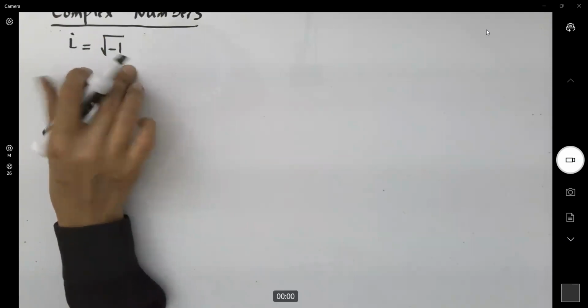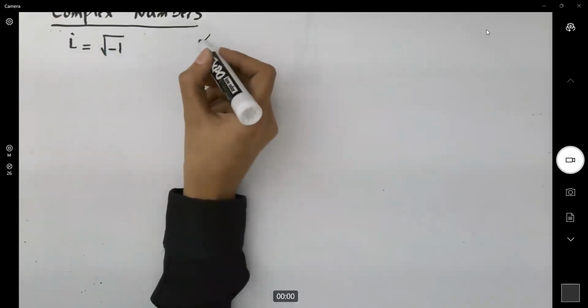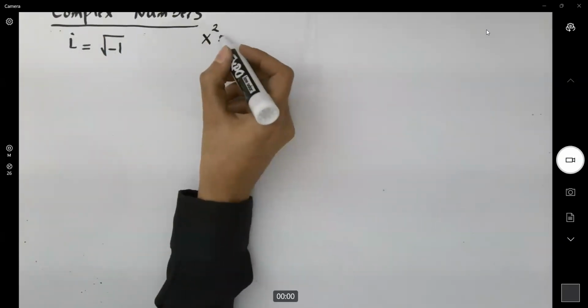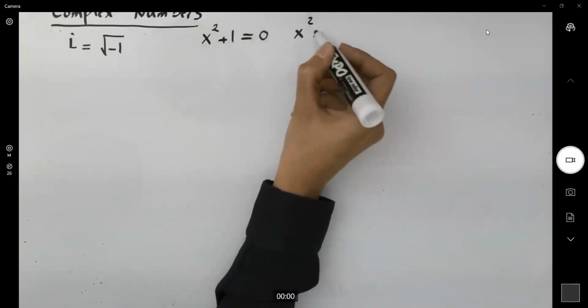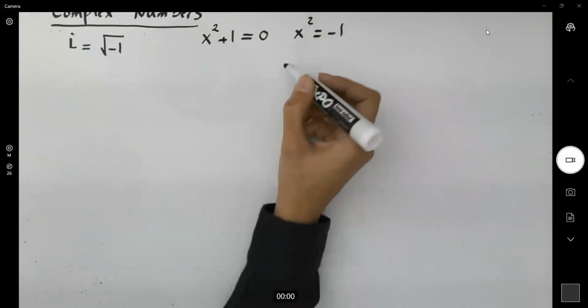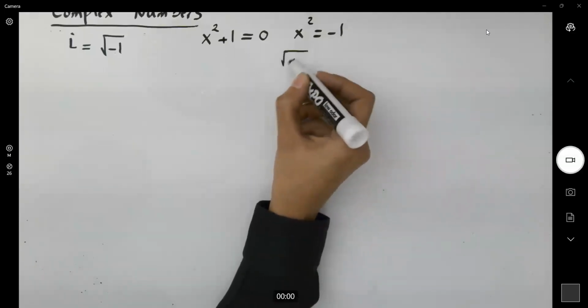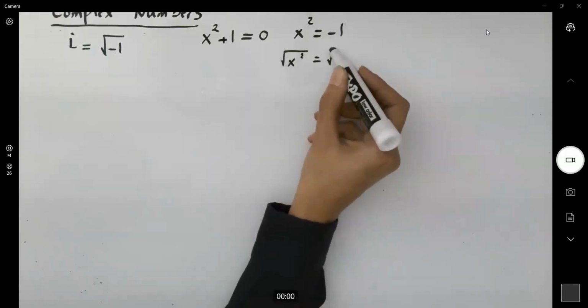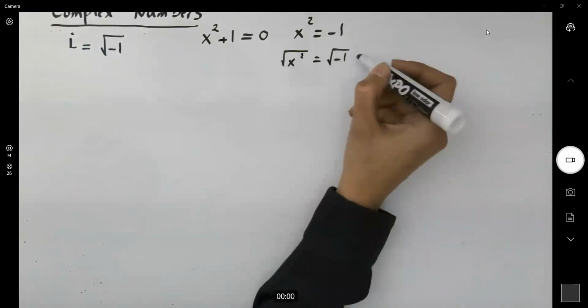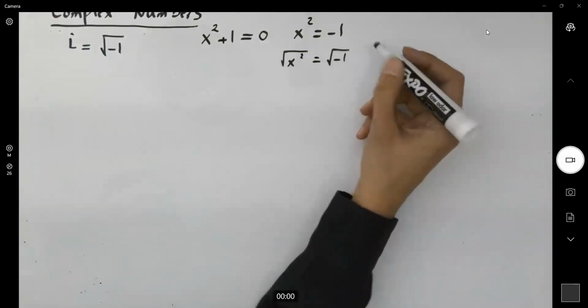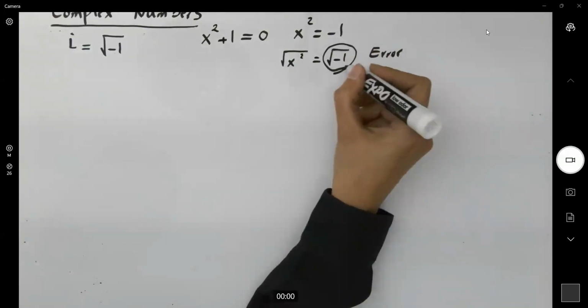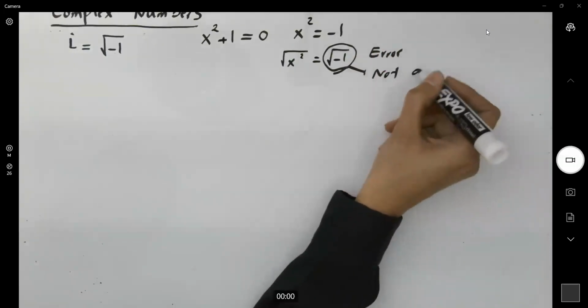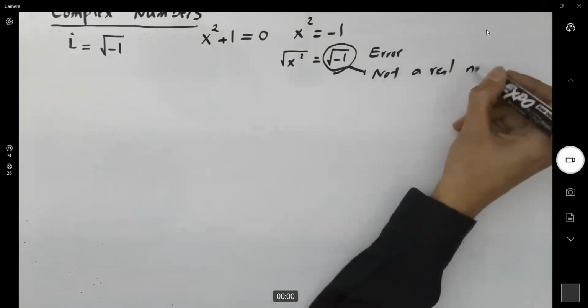If somebody asks you, you're going to say that, for example, if I ask to solve x squared plus 1 equal to 0, x squared is equal to -1. And if I take square root of both sides, it is square root of -1. Using a calculator, it gives us an error. It means that this guy is not a real number.